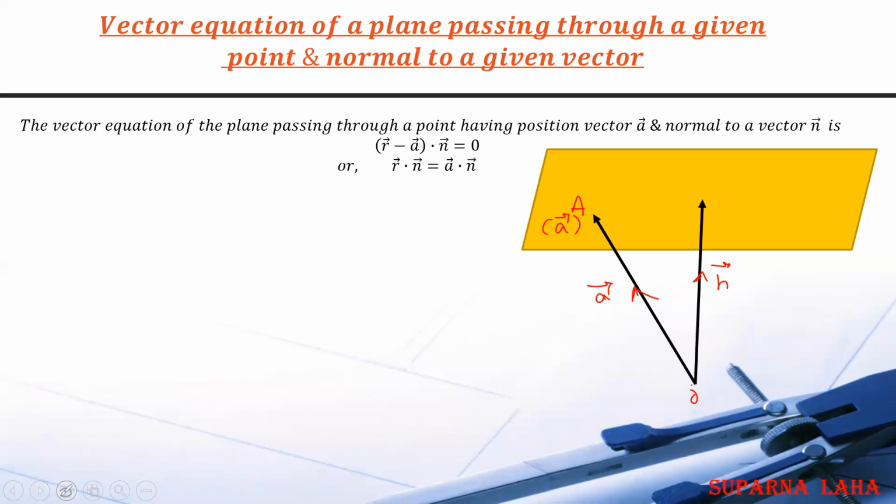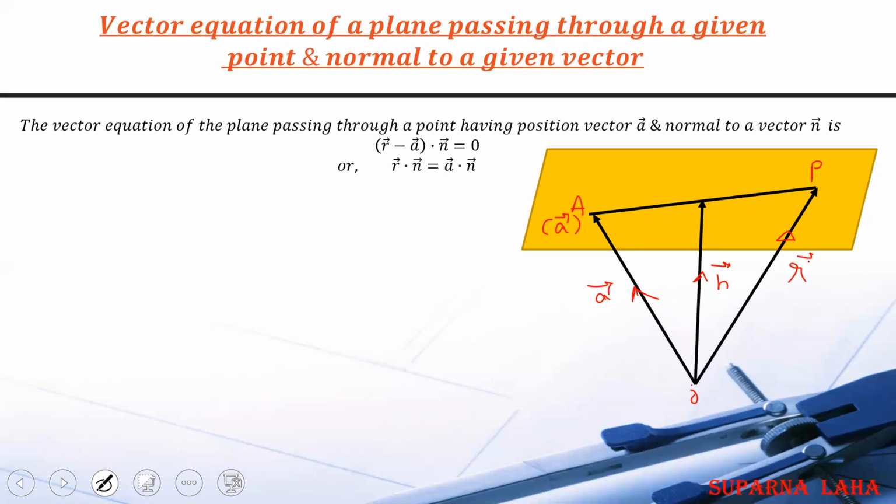Now taking any arbitrary point P whose position vector is r. So this is the vector r. From the figure you can easily say that AP is perpendicular to the vector n. Now what is AP? This is r vector minus a vector.